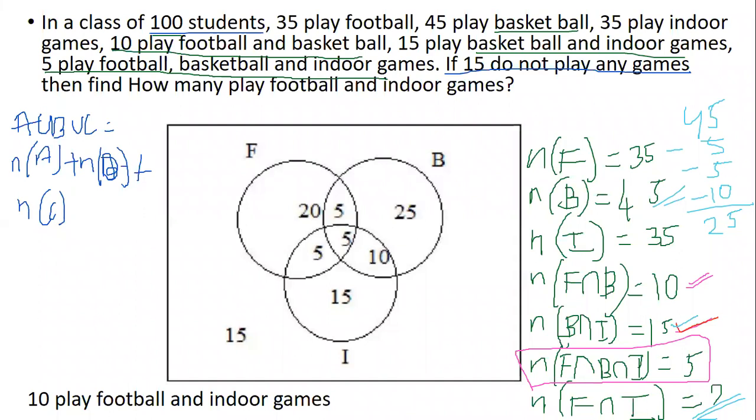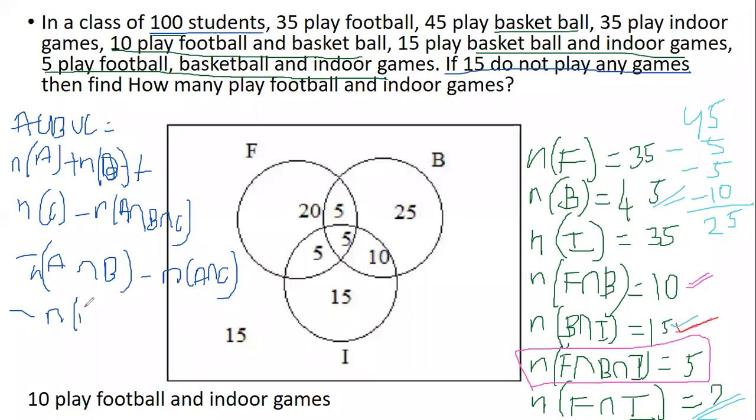What should I consider? Minus N of A intersection B intersection C, and then minus N of A intersection B, minus N of A intersection C, minus N of B intersection C. This order may change a little, that's not a problem.